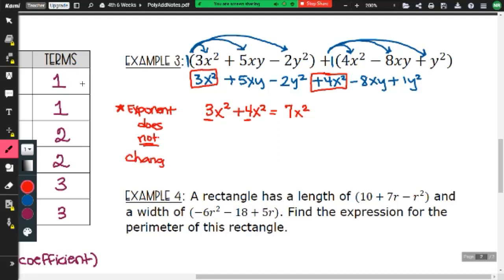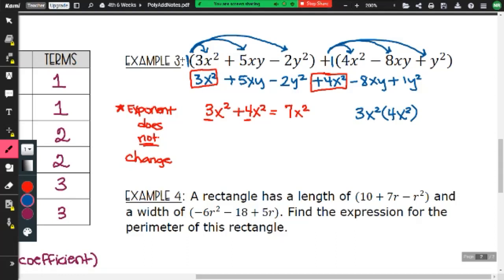Now, somebody had to visually see the difference in order to get it. So don't write this part down that I'm about to put beside. I just want you to see it. 3x squared. When we did laws of exponents, there was no plus or minus sign. Here we're adding them, so we added the coefficient.